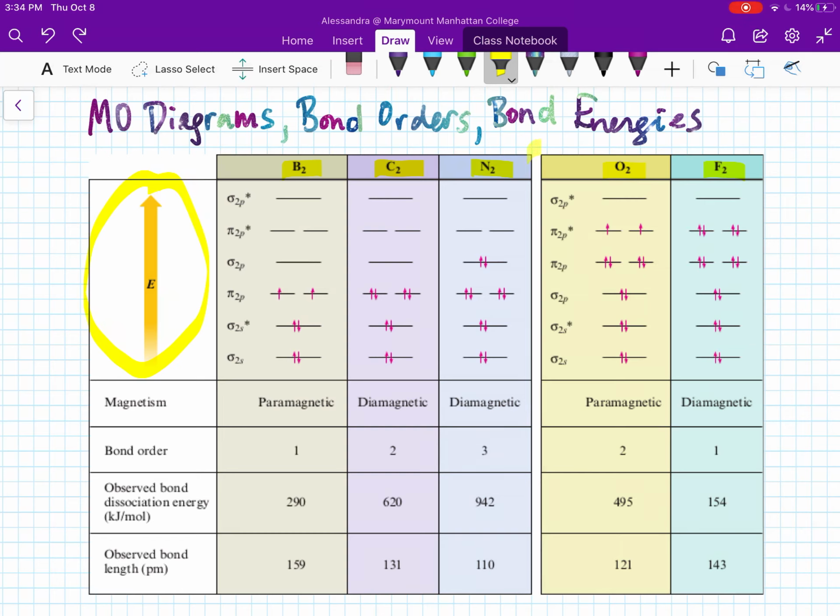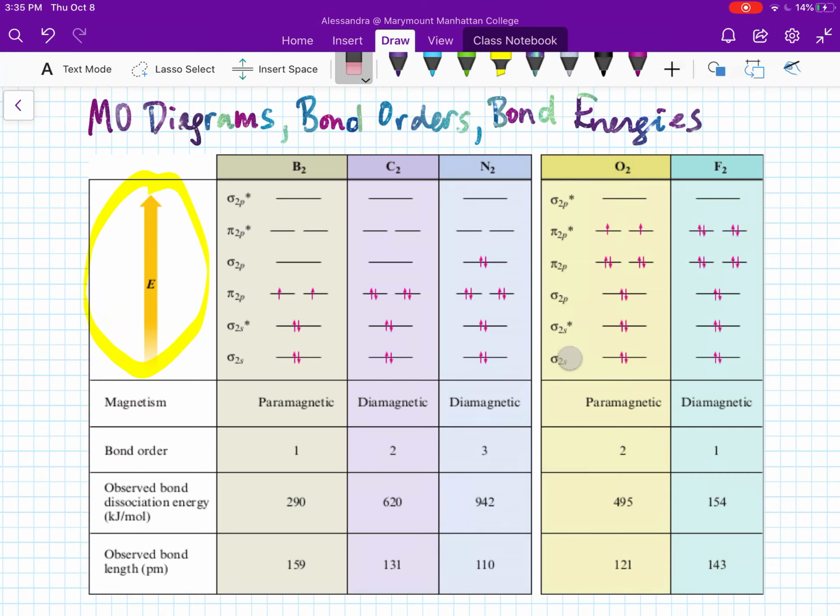We have a division here between the nitrogen and oxygen molecules, and I want you to notice that in going from nitrogen to oxygen, the pi 2p and the sigma 2p orbitals cross in energy.